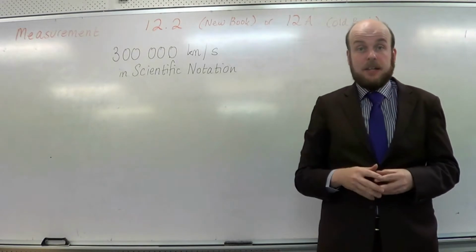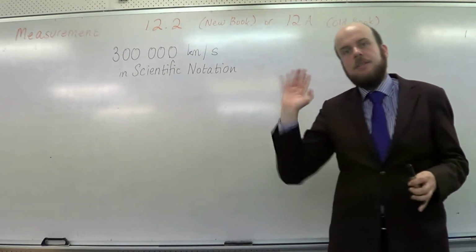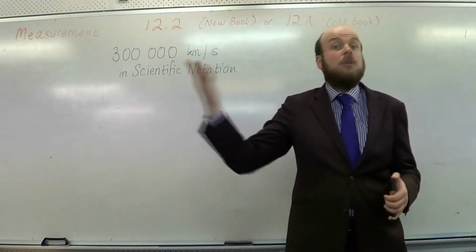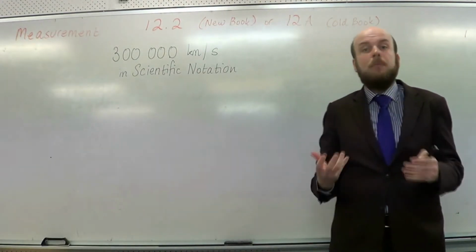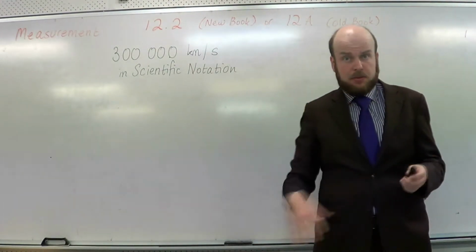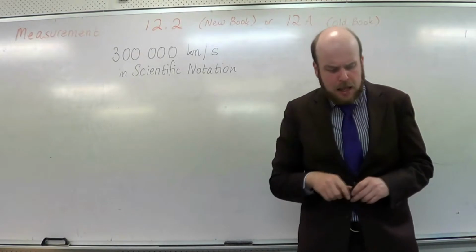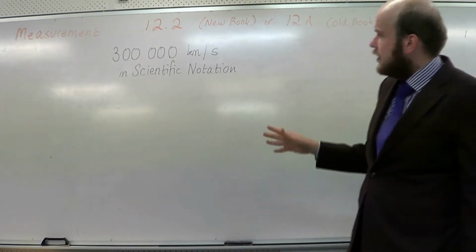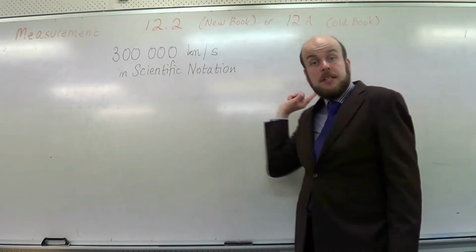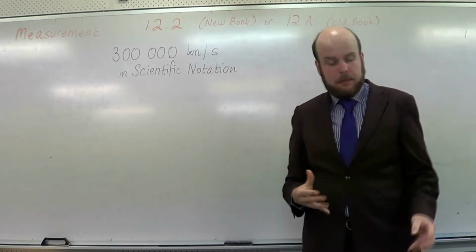300,000 kilometers per second. This is when we're talking about distances or speeds, for instance, that rockets would go, or various astronomical phenomena. So when you become an astronaut, remember this kind of thing. Now, we want to write this in scientific notation, that whole indices business we were talking about before.